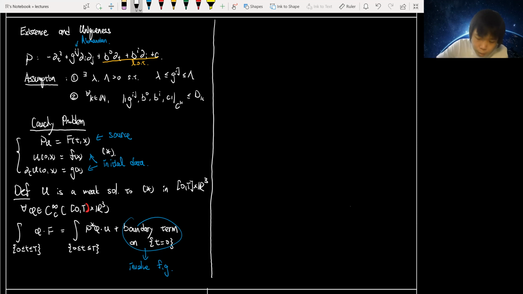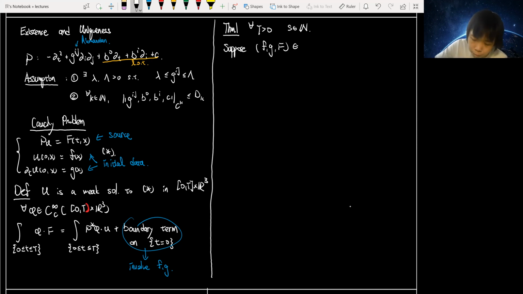Okay, now we can state the existence and uniqueness theorem, which is the focus of today's lecture. So let's fix a time T and an integer s. Suppose the initial data f and g, and the source capital F satisfy the following regularity assumption.